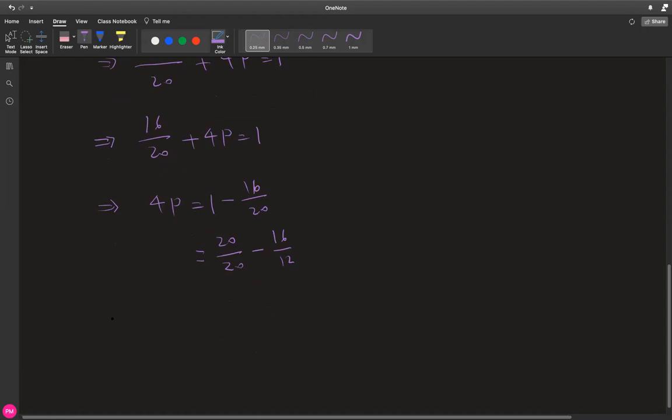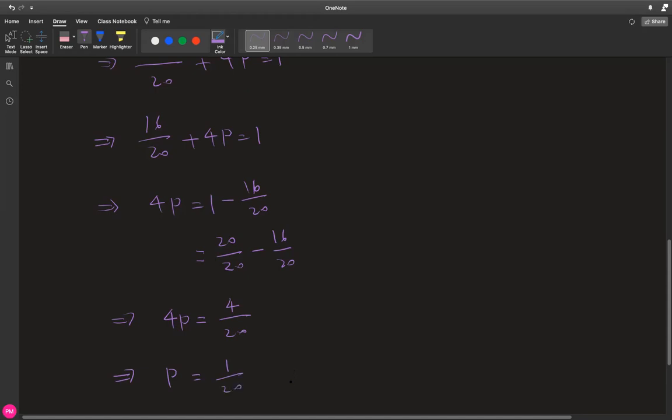And that simply implies that 4P is simply 4 over 20. I don't know why I wrote 12 there, but it should be 20. So 4P is simply 4 over 20. And now by simply dividing by 4 on both sides, we end up with the probability P equal to 1 over 20.